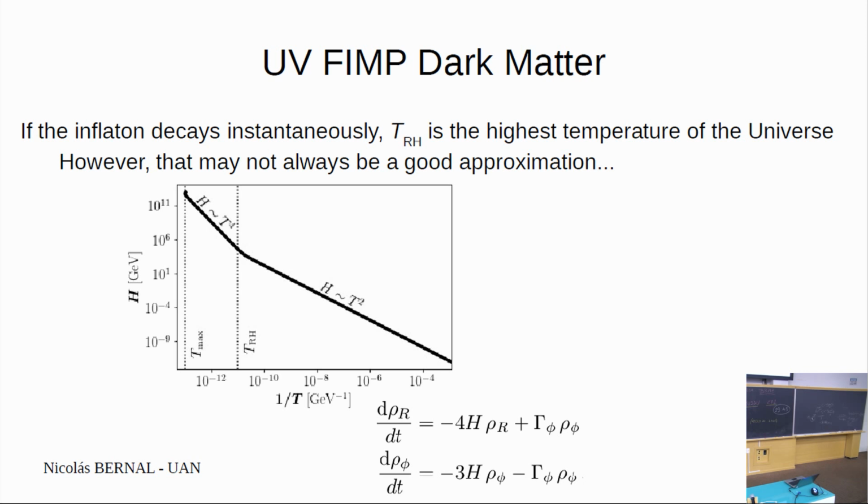However, between Tmax and T reheating, the Hubble expansion rate will scale like T^4, right? And I'm making all this emphasis because particularly in UV freeze-in, when the bulk of the dark matter is produced at the highest temperature of the universe, making this difference between Tmax and T reheating will be a very important thing to take into account.